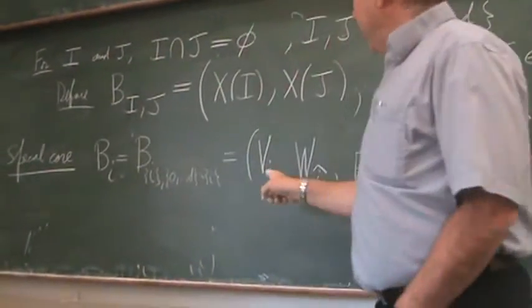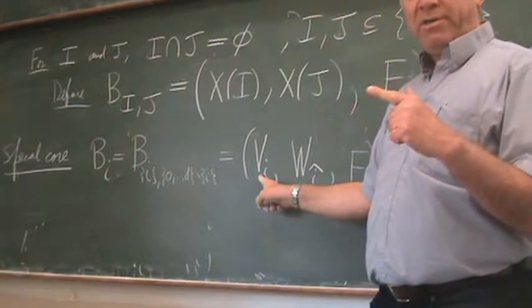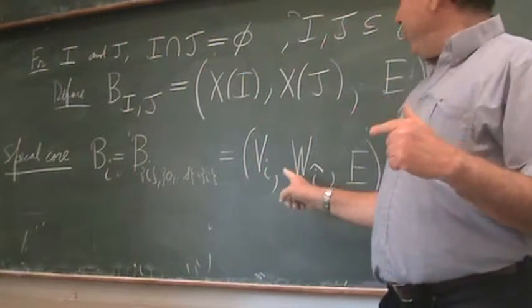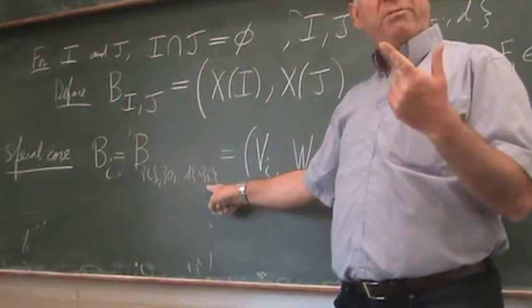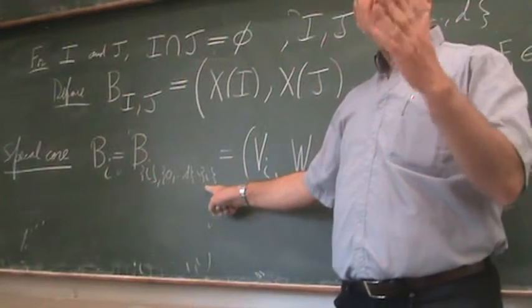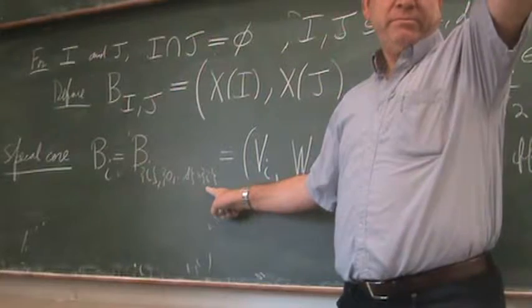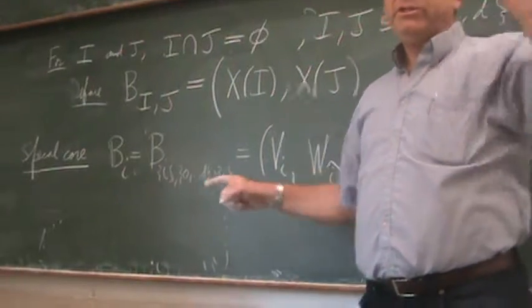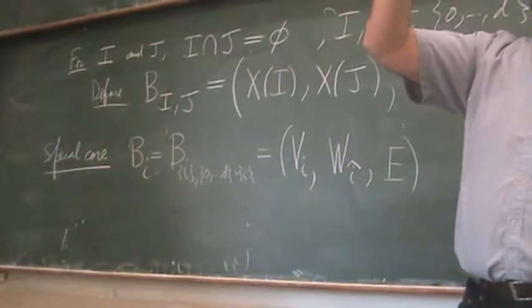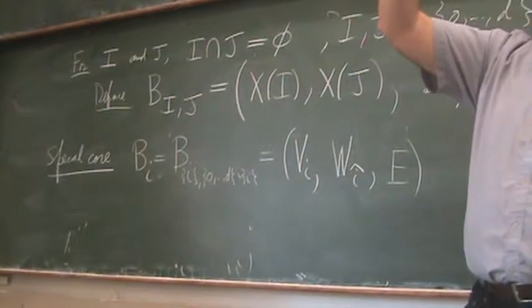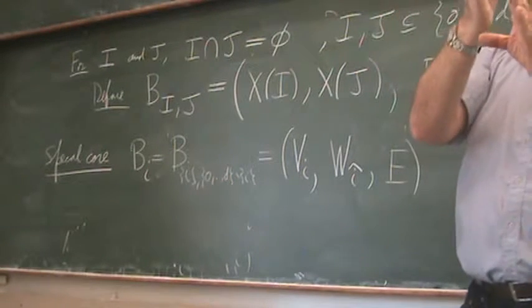So what does it mean? On one side I have all the vertices of type I, and on the other side I have all the faces which are of codimension 1, and they have all the colors except I. Things like that we call walls, right? We have chambers, our nickname for maximal faces is chamber, and codimension 1 we call walls.